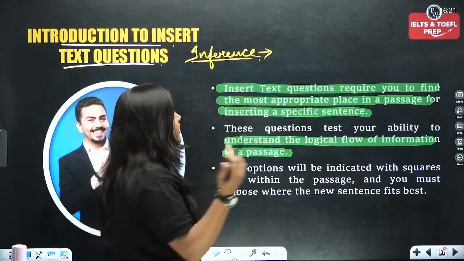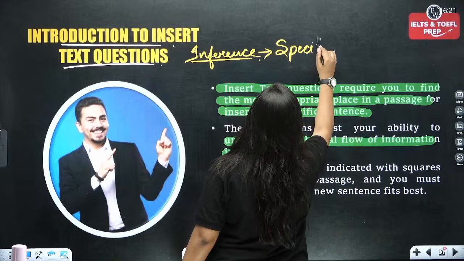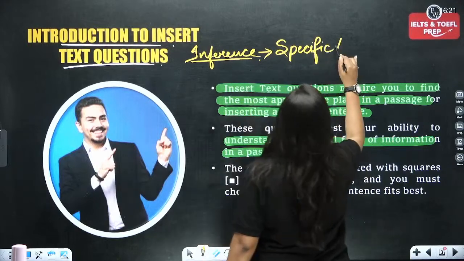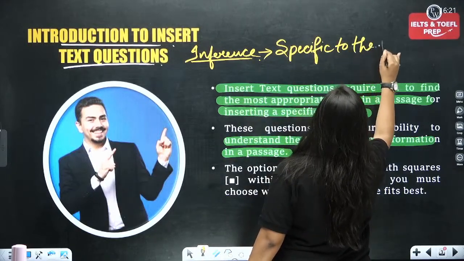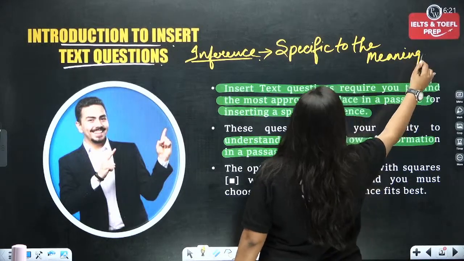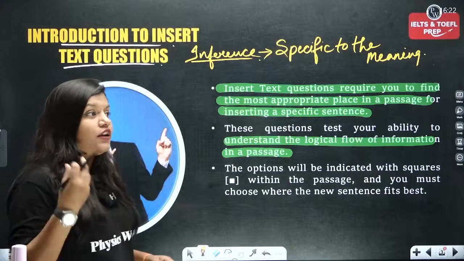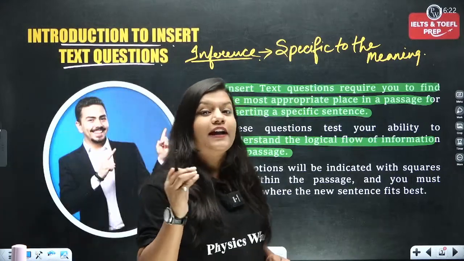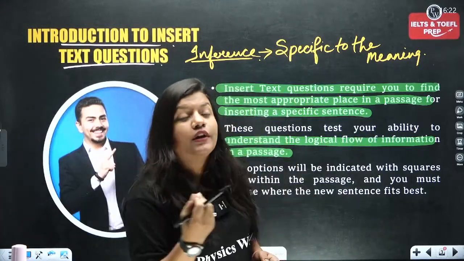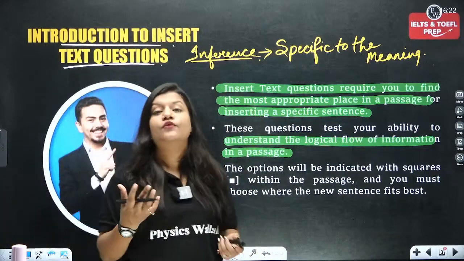I mean you need to be very specific to the meaning. Got it? So be very sure, and be very careful while reading the passage so that you don't misunderstand the meaning of the passage, because you've got to solve the question.